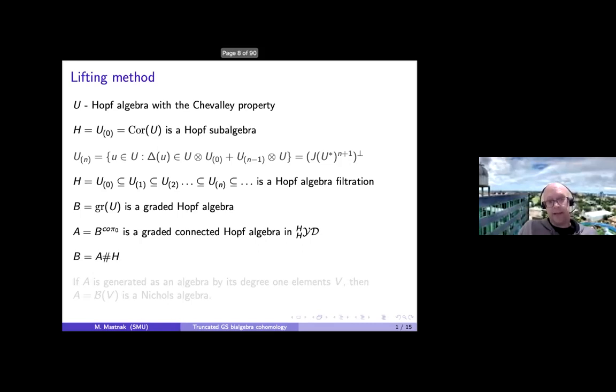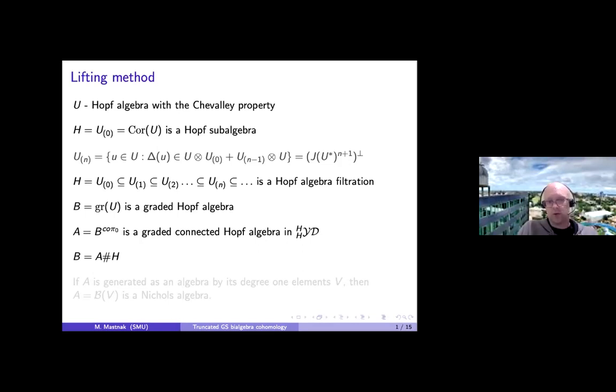And this B then decomposes, as by connected in this graded setting, of course, I just mean that the zeroth piece is one dimensional. And B decomposes as what is now usually called the Majid-Radford bosonization, or a Radford biproduct, of this A and H. This kind of idea, of course, was resurrected in the 90s by Andruskiewitsch and Schneider when they were classifying certain kinds of pointed Hopf algebras.